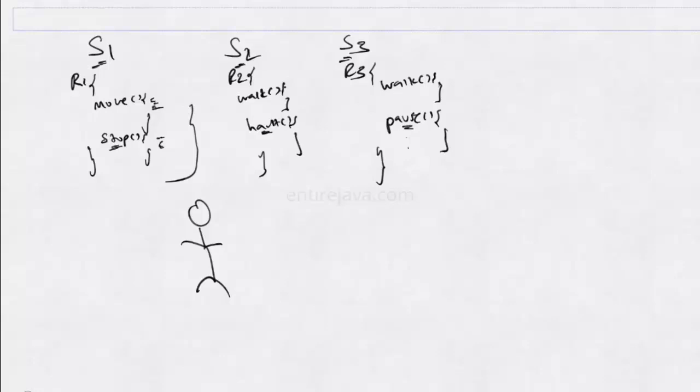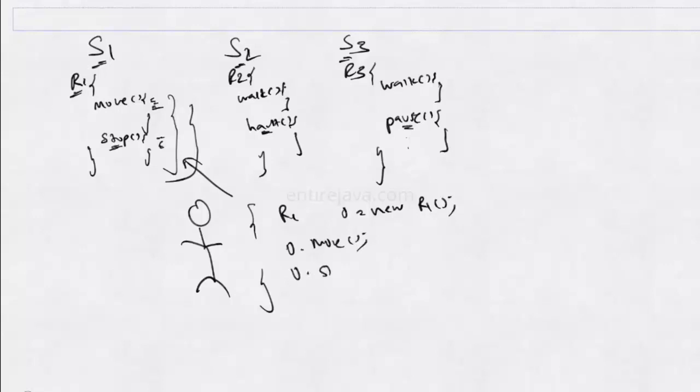So since your knowledge of writing code is pretty limited, you're going to purchase the code from company S1, essentially the class file, the bytecode of the source code, and you're going to create an object of this class R1, a new R1, and make use of all the methods inside it, object.move and object.stop, etc.